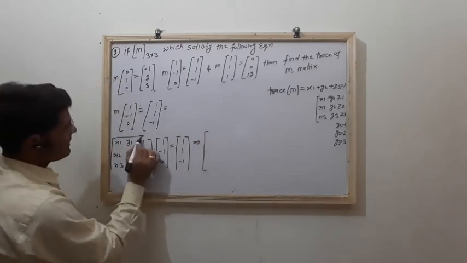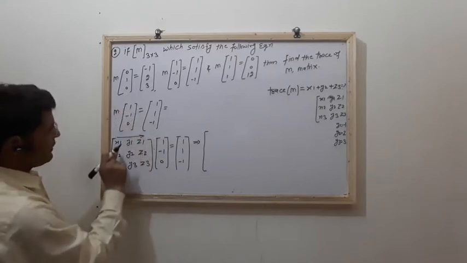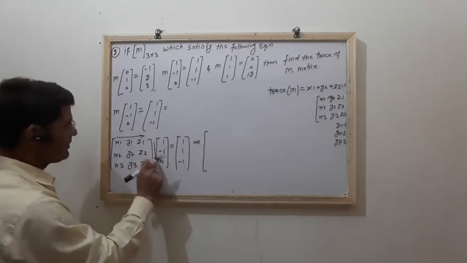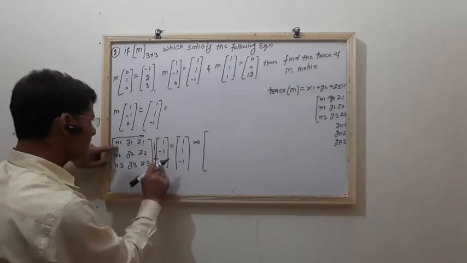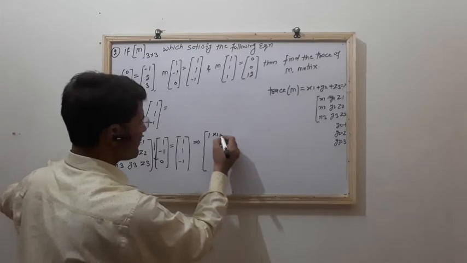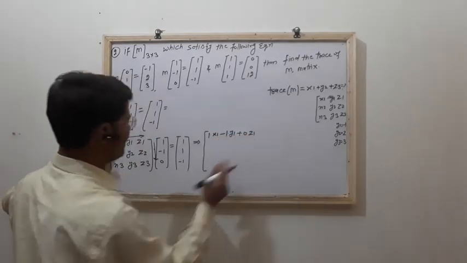I am multiplying 1, minus 1, 0 with m, horizontal and vertical, taking row with column, this into this plus this into this plus this into this. Means 1 into x1 minus 1 into y1 plus 0 into z1.